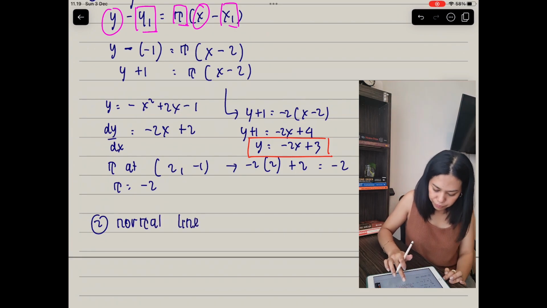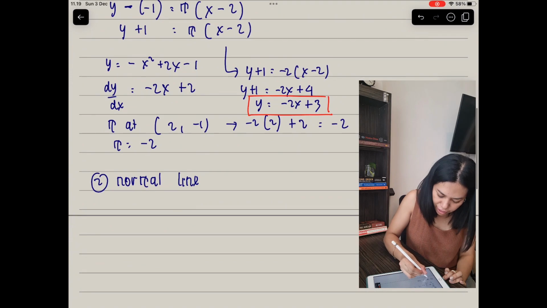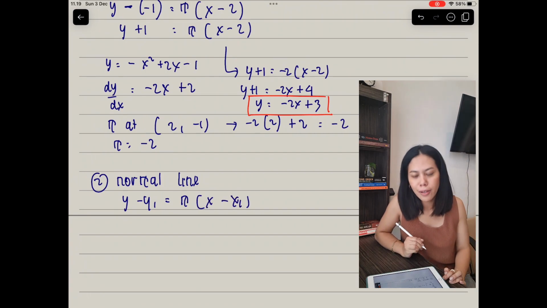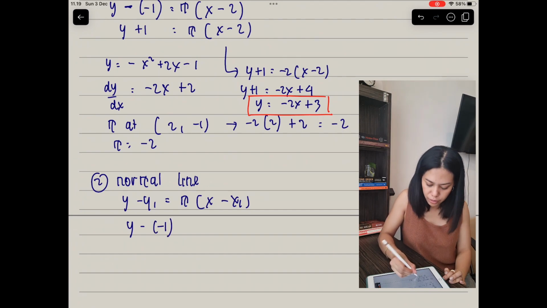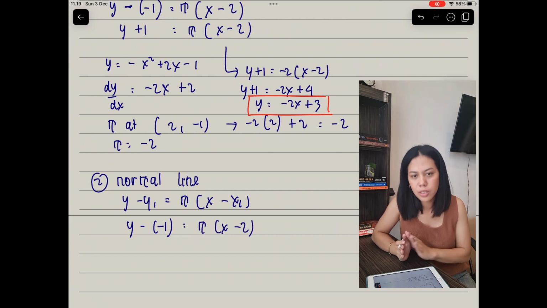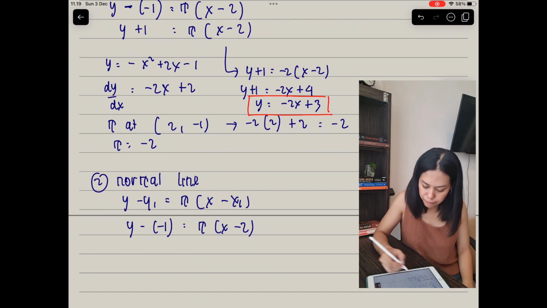The formula is still y minus y1 equals m times x minus x1. The y1 is negative 1 because the point is (2, negative 1), and the x1 is 2 because we're still looking at the same point. Now our problem is to find the m.